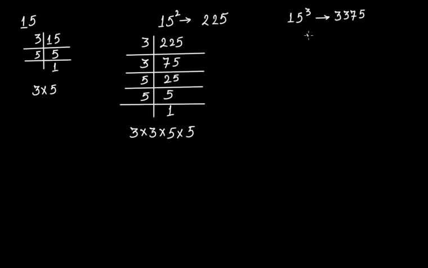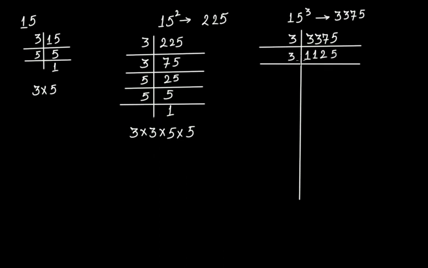Of 3375, we divide by 3: 1125, then 375, then 125. It is now not divisible by 3, but it is divisible by 5.